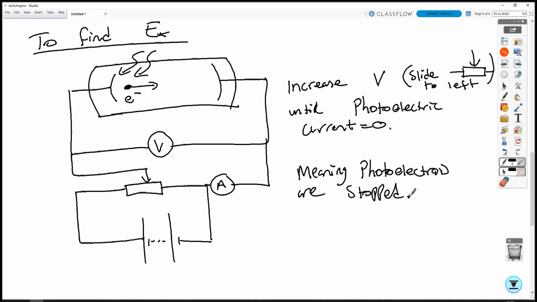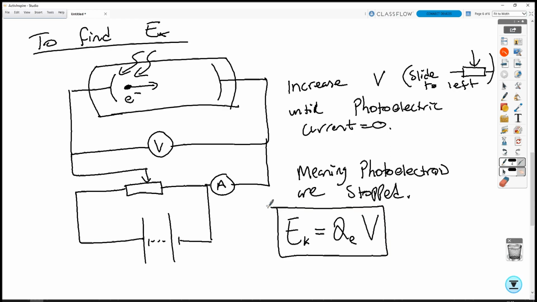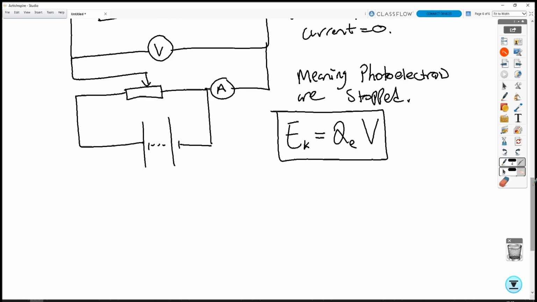So their kinetic energy at that point, at the point where you just about got 0 photoelectric current, means that the kinetic energy is equal to the work done by the electric field, QV. And the charge here is the charge of the electrons. That value of potential difference you measure is the stopping potential.